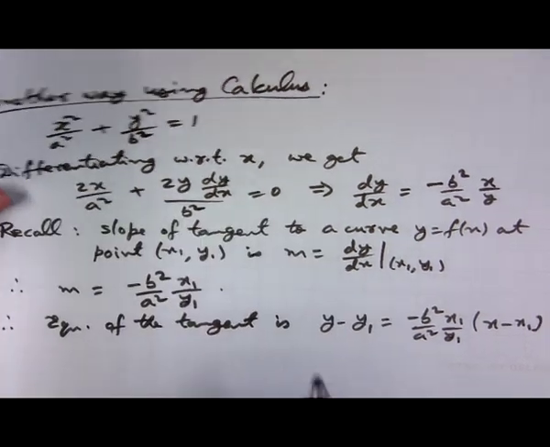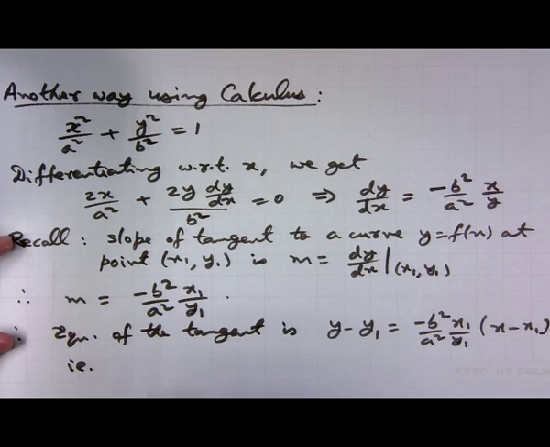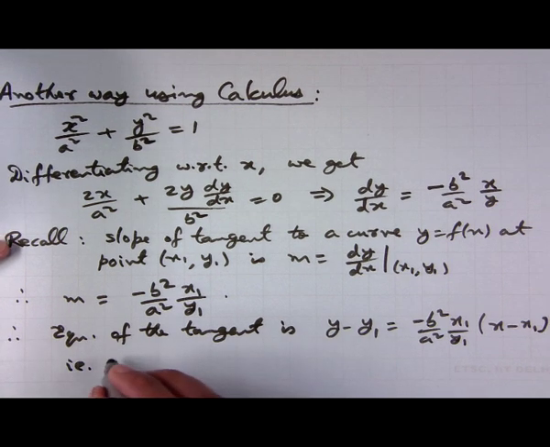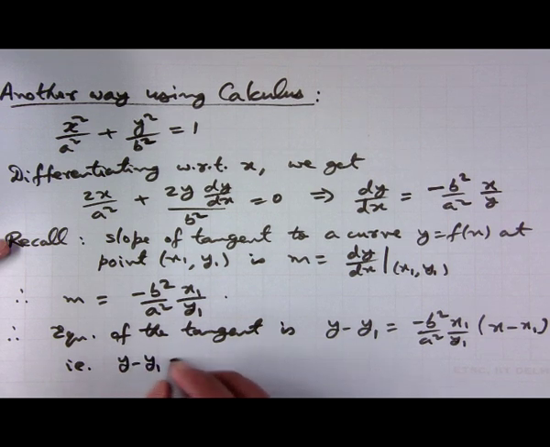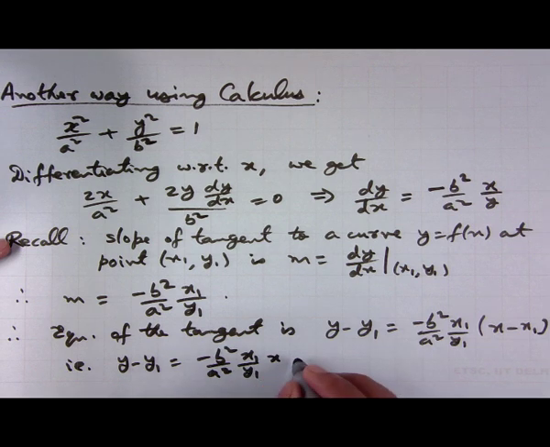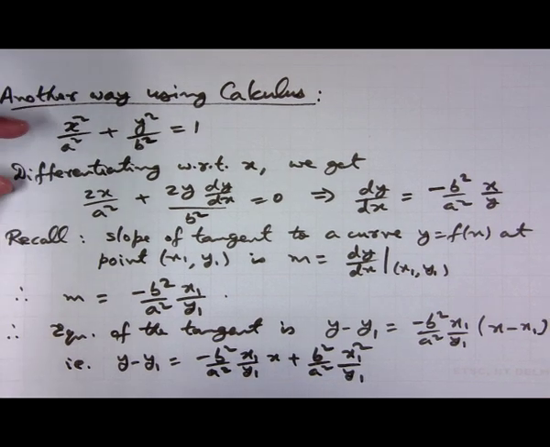Which gives y minus y1 equal to minus b square by a square x1 by y1 x plus b square by a square x1 square by y1, multiplied by y1.